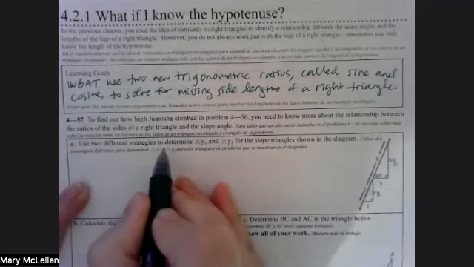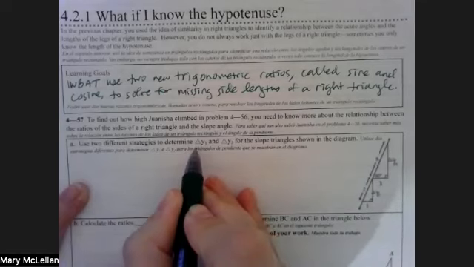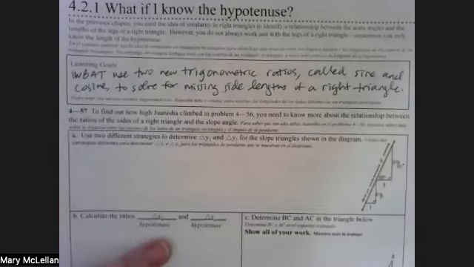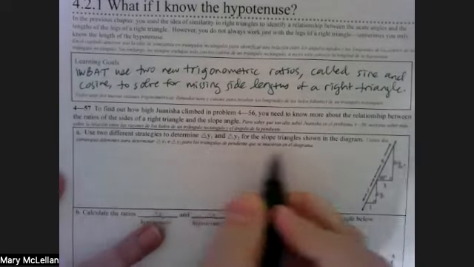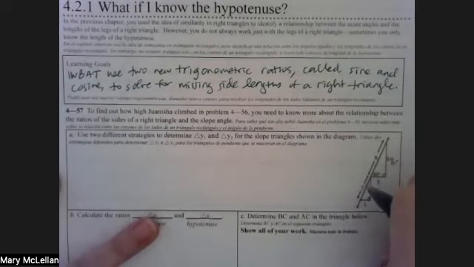So we're going to use two different strategies to determine change in y1 and change in y2 for the sides of this example right triangle. And we're going to start exploring what kind of relationships we can establish. Because I know that this is blurry, I'm going to make the numbers really big.